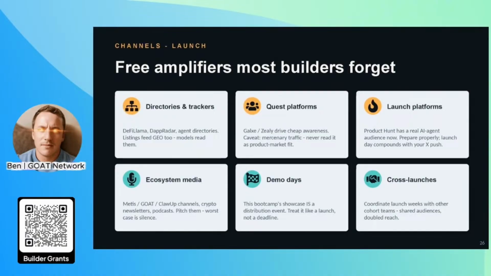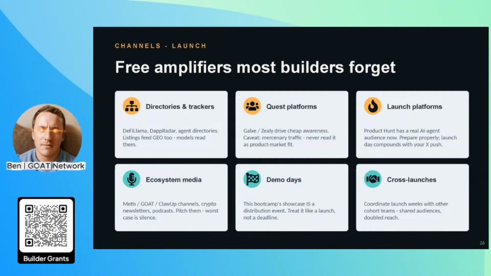Another one is launch platforms. Product Hunt has a genuine AI audience right now, and a well-prepared launch day will compound very nicely with, say, your X push, your newsletter and your blog post push. You also want to utilize ecosystem media, like Metis, Goat, Network, and ClawUp channels, plus crypto newsletters and podcasts.